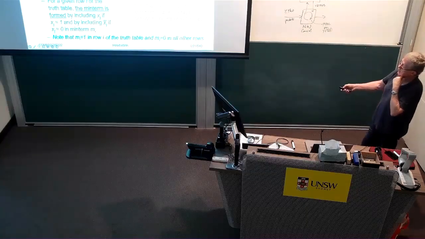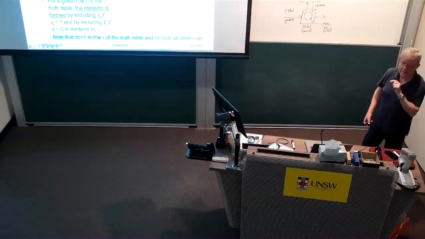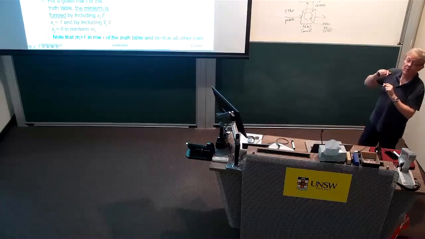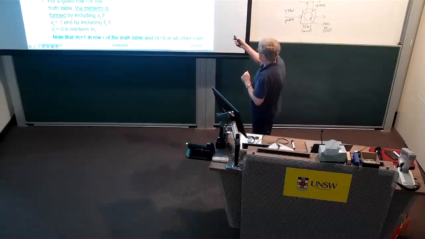That's effectively the point I just made. What is important to note is that the ith min term has the value of 1 in the ith row, and is 0 for all other rows. Take an arbitrary one, let's say M3, for example.